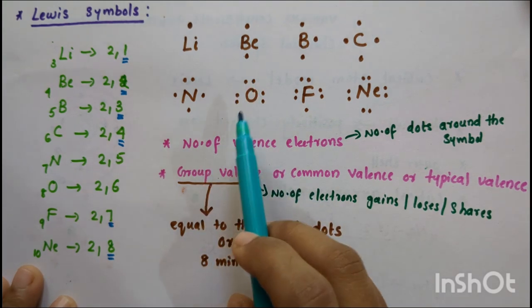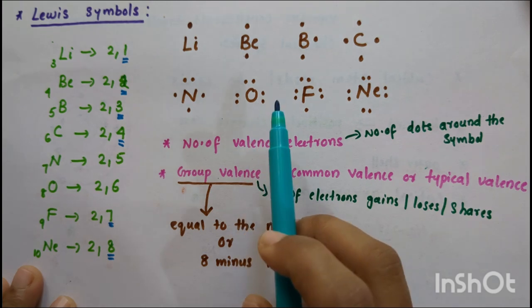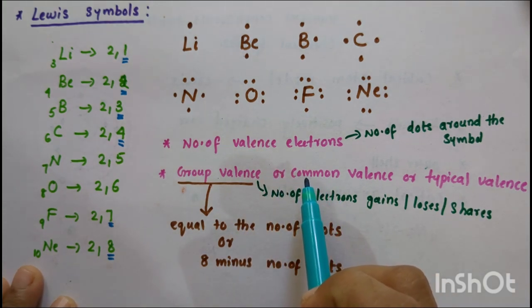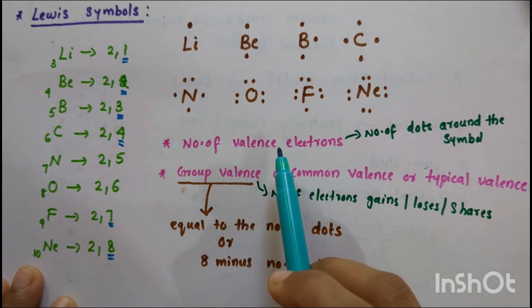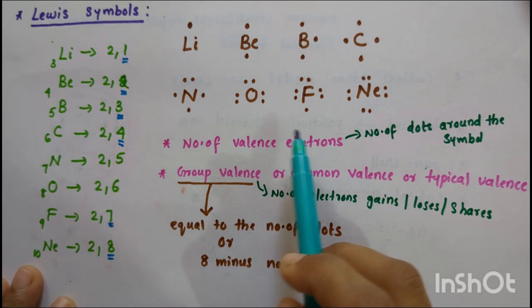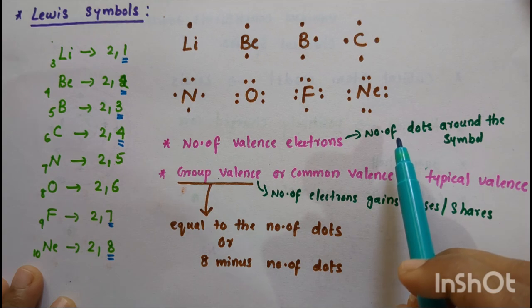Okay, this number of valence electrons helps to calculate the common or group valence of the element. See, valence electrons means the number of electrons in an atom's valence shell or outermost energy shell. That is the number of dots around the symbol.